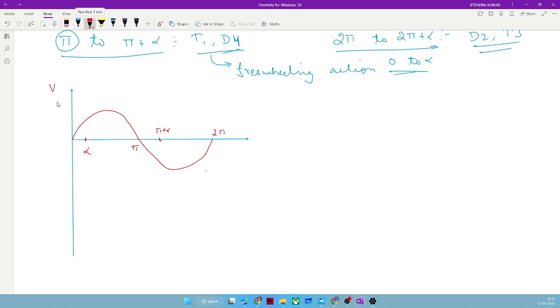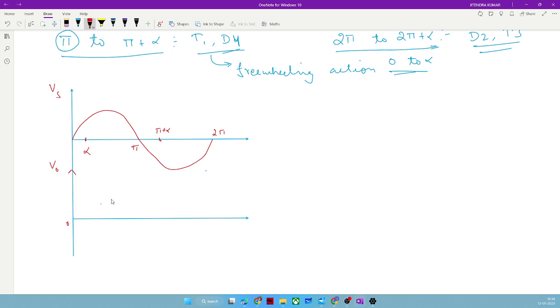This is the waveform of Vs. Now for 0 to alpha, we are drawing the waveform of V naught.